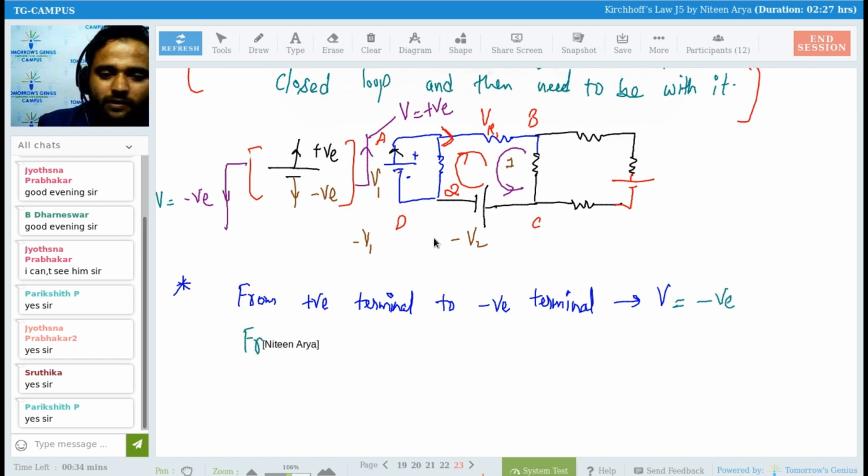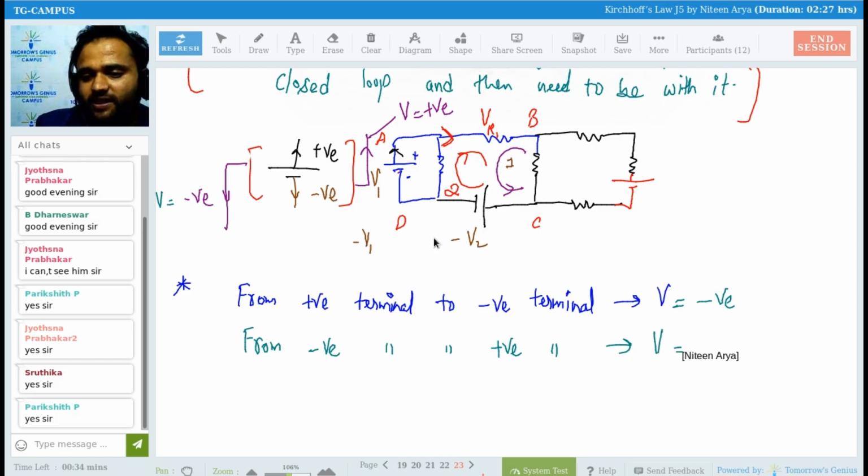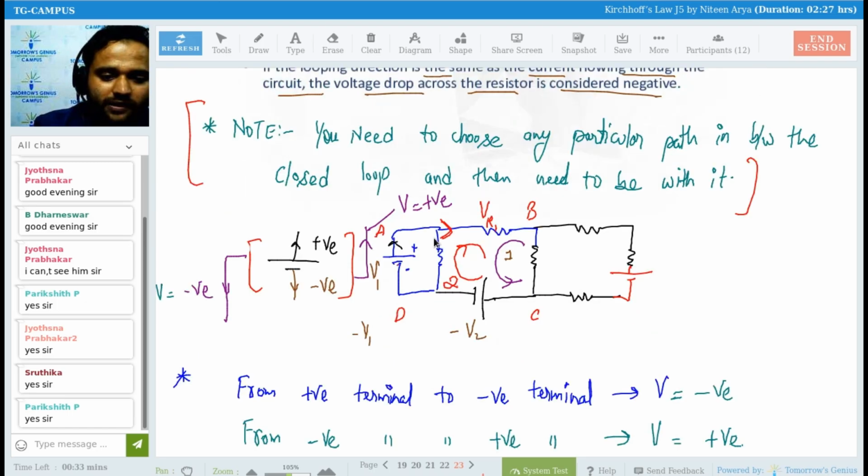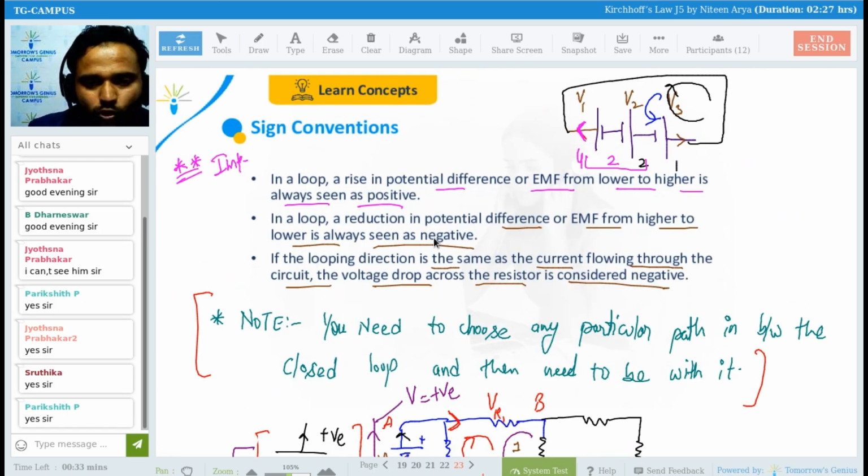And similarly, from negative terminal to positive terminal, the voltage is taken as positive. That is what is written in the sentences. In a closed loop, a rise in potential difference or EMF, from lower to higher, is taken as positive.